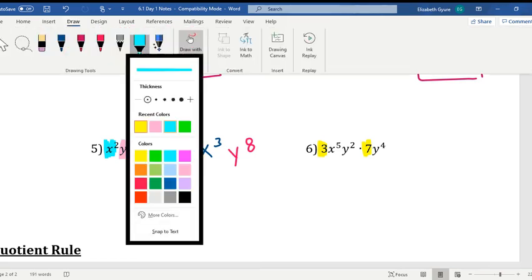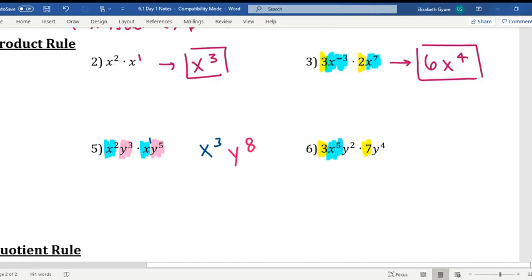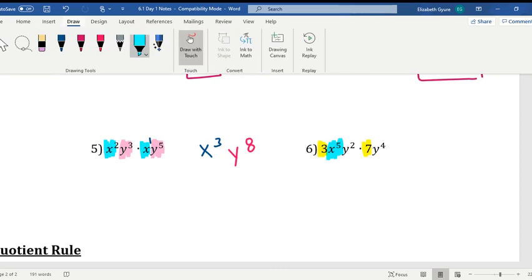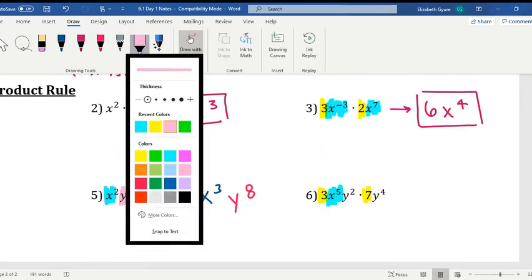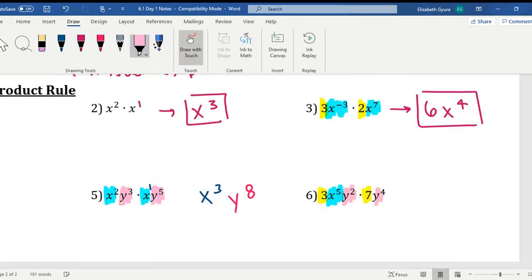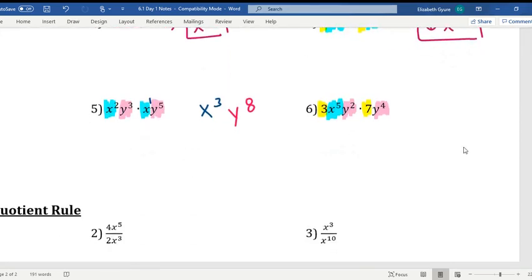X's go with x's. Well, I see an x here, but do you guys see another x? So is there going to be anybody to combine him with? No. Okay. And then y's will go with y's. So let's take a look.